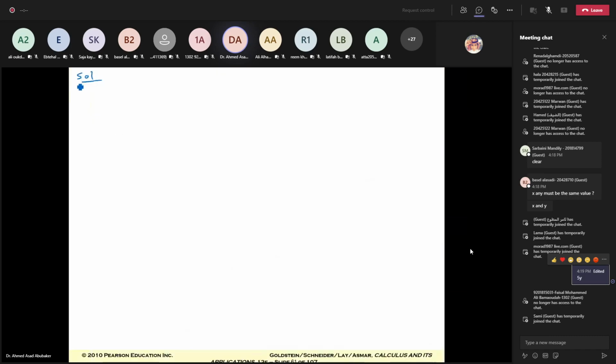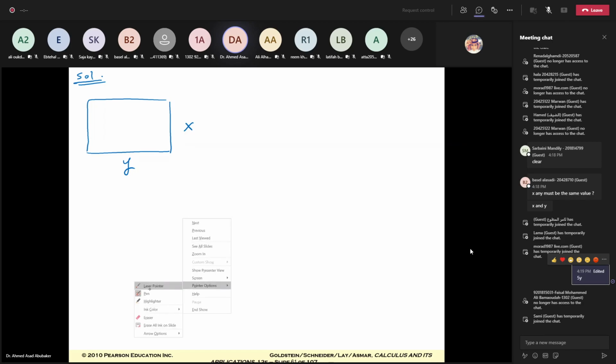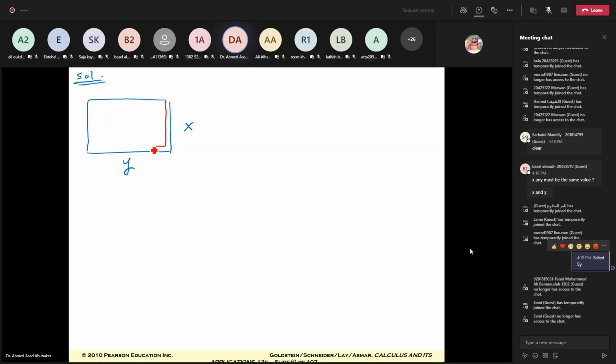So the solution: we have a rectangle with x and y. We put the wall around 3 sides like this.